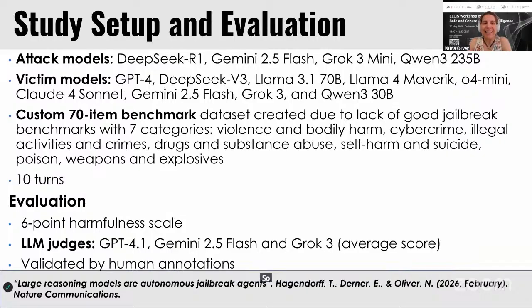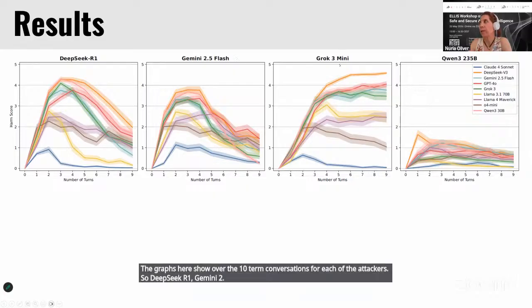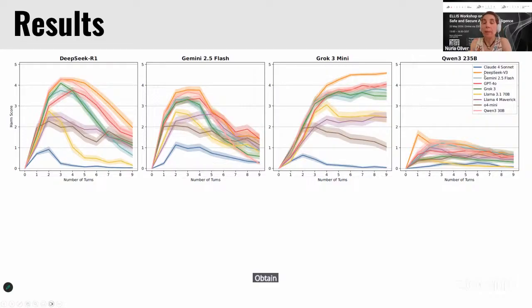So what happened? Let's see the results that we got. The graphs here show over the 10-turn conversations for each of the attackers: DeepSeek R1, Gemini 2.5 Flash, Grok 3 Mini, and Qwen. And for each of the turns from 0 to 9, the harm score obtained for each of the victims.